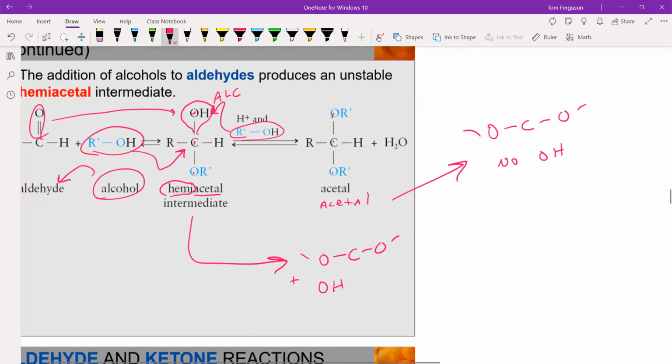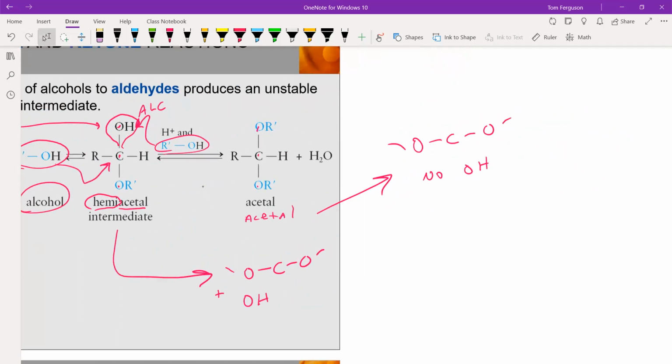So, okay, what is that? Well, number one, is there an OCO combination present? Yes. We have OCO.